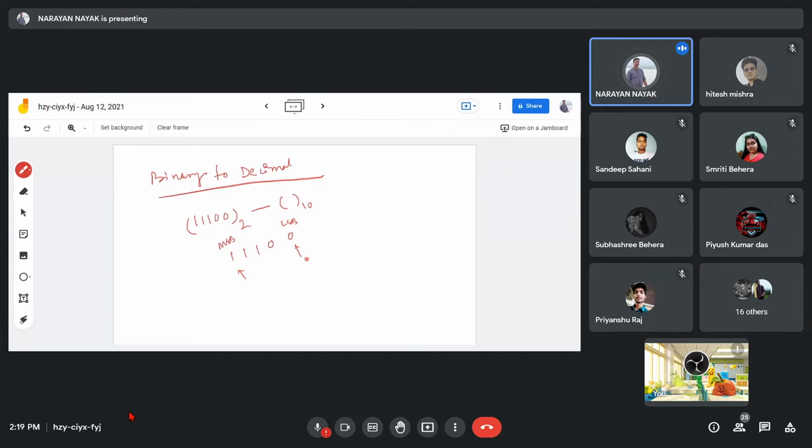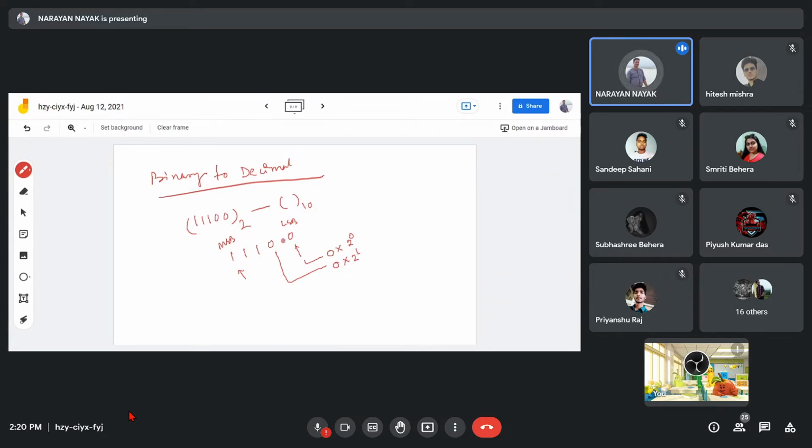So what you have to do here, you have to multiply this 0 into the least significant bit. I am representing that as 0 point, that is 2 to the power 0. This point is 0 into 2 to the power 1.